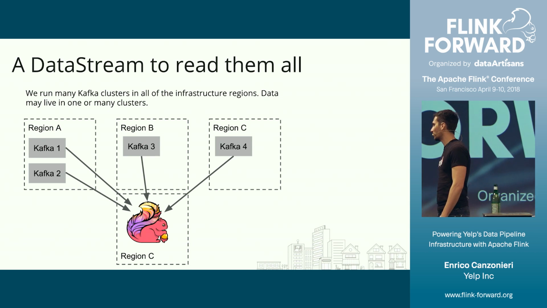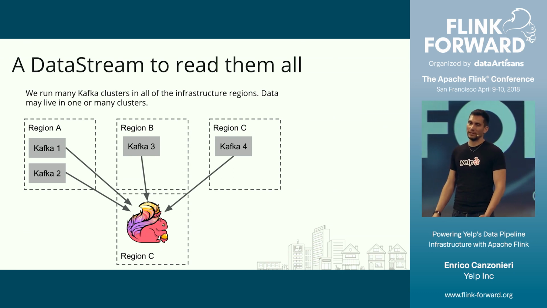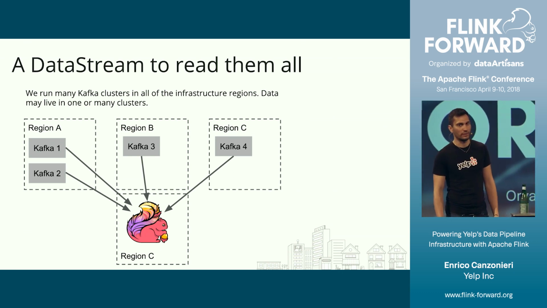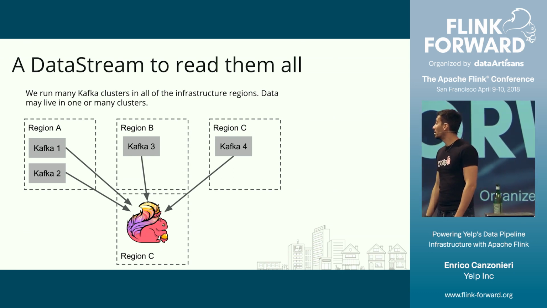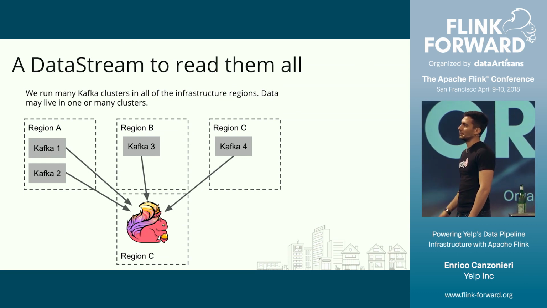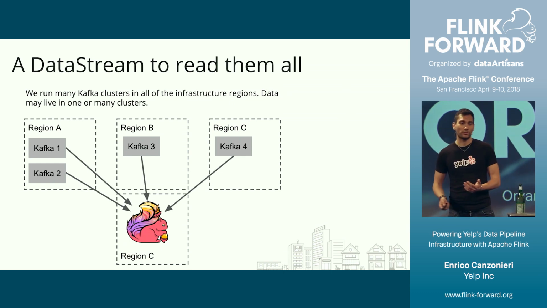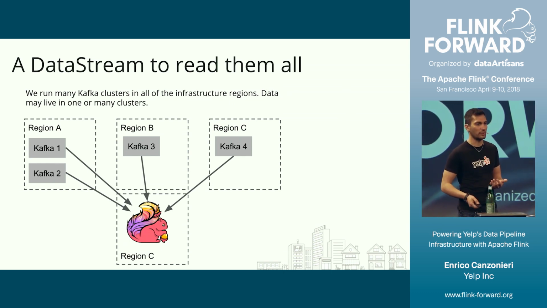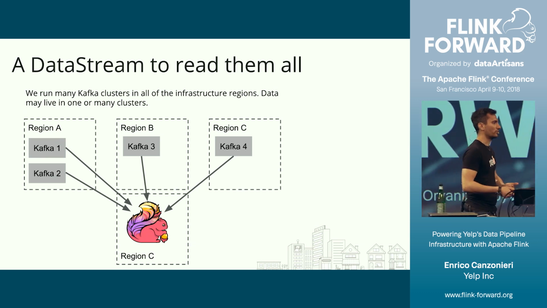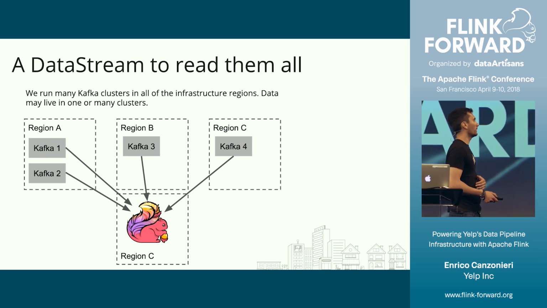As I was saying, because we run a multi-regional deployment, one thing we did to be able to consume aggregated data was leveraging the data stream union operator. This was actually a pretty great way to enable applications to do aggregated processing of data without having to do anything more than just writing a couple of lines of code.